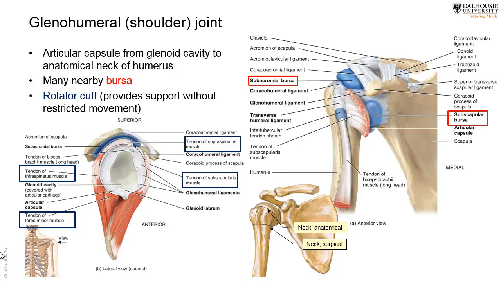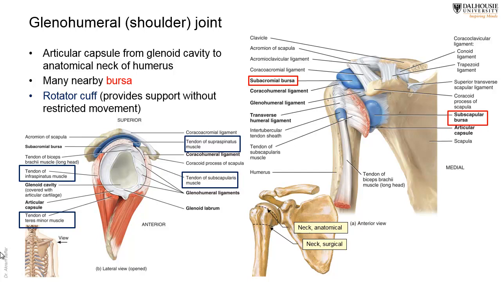For example, here we have a subacromial bursa, which is located below the acromion of the scapula, and this does not communicate with the cavity of the joint. This one, the subscapular bursa, communicates with the cavity of the joint. You are not required to write these details that I am mentioning, I'm just using them as an example of what we have mentioned before.